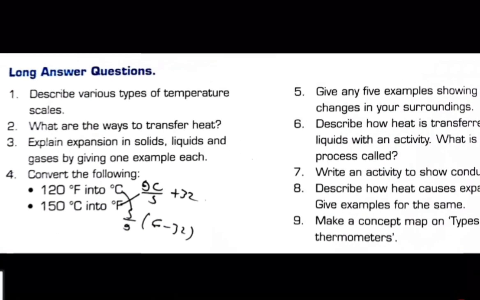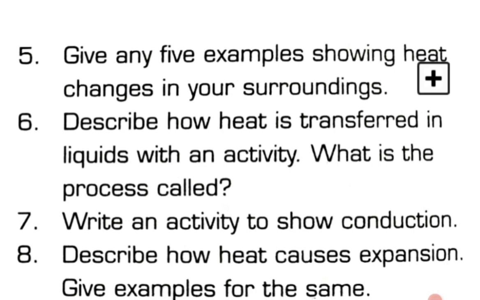Now move to question number 5. Give any 5 examples showing heat changes in your surroundings. Dear students, this question is not correct. Any 5 examples showing heat changes, this doesn't make any sense. Either there should be heat transfer or effects of heat.